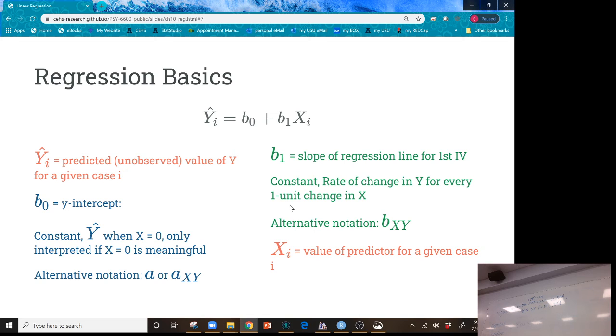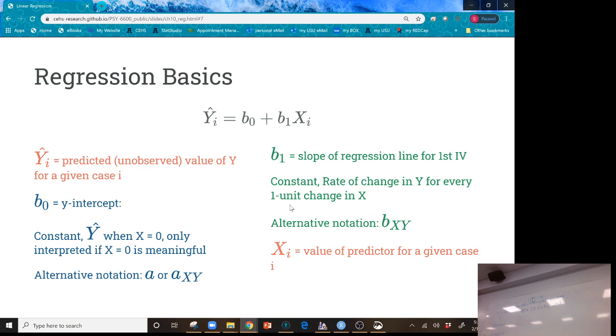What happened to m? M is now another b. And instead of having mx come first and the y-intercept last, we're going to switch the order. It took me a while to learn the reason: usually we don't just have one predictor, we have lots of predictors, but we only ever have one intercept. So that's why they put the intercept first in statistics.